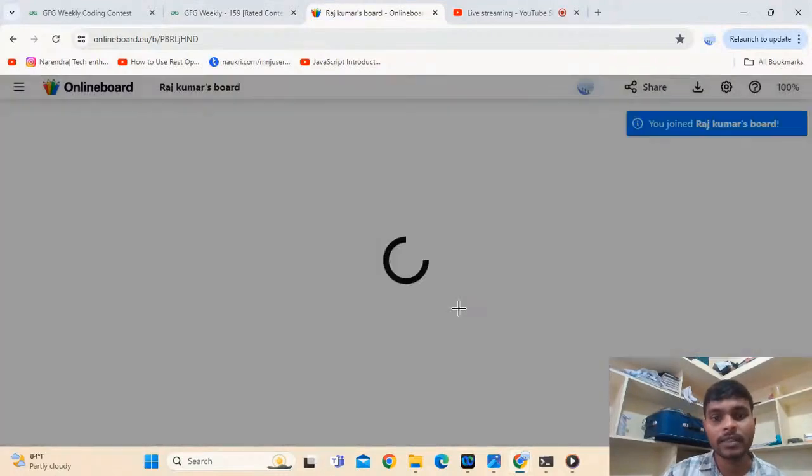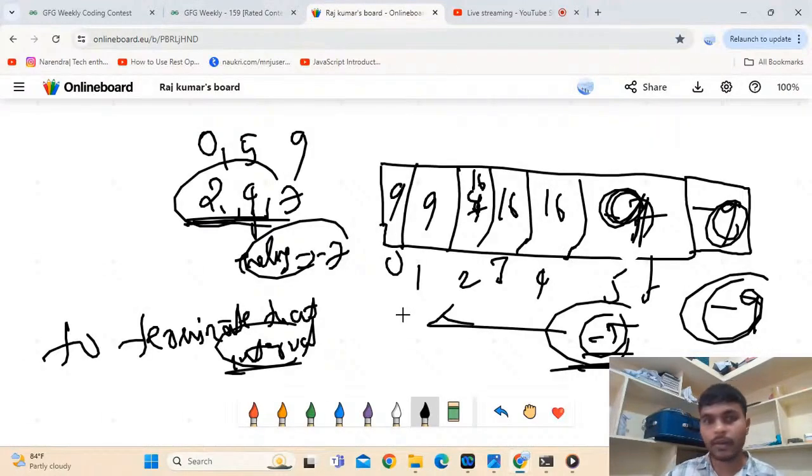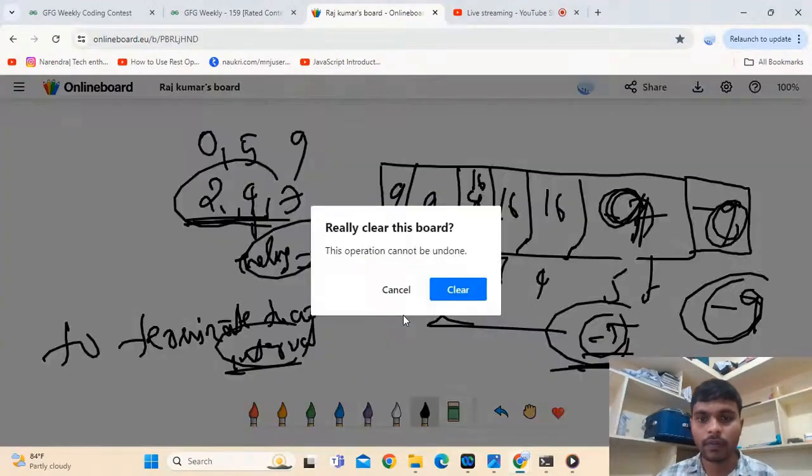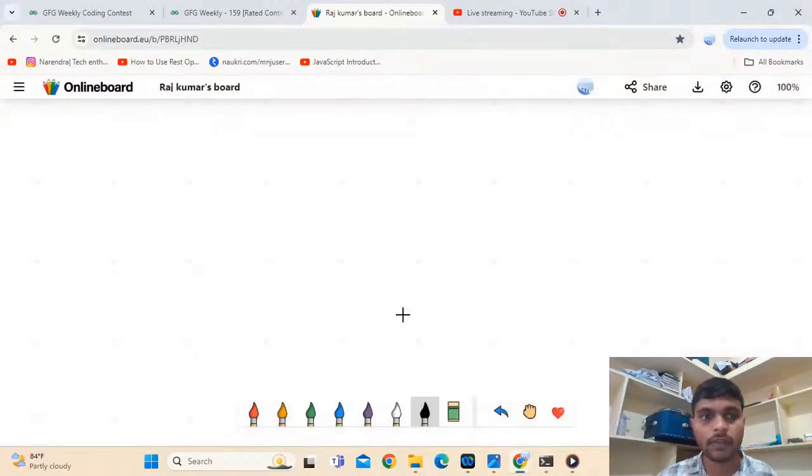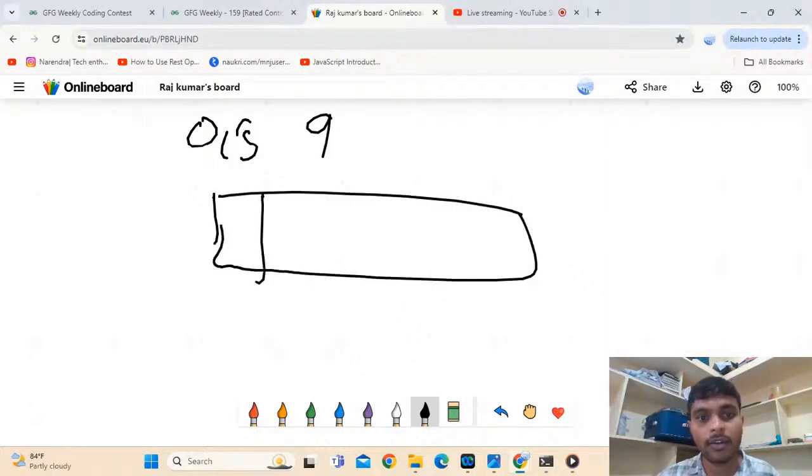Final array means here 0 comma 5, right? 0 comma 5. So I am taking at the 6th index. Here I have at 0, plus I am increasing 1 at the 6th position. At the 6th position I am decreasing it with 1.